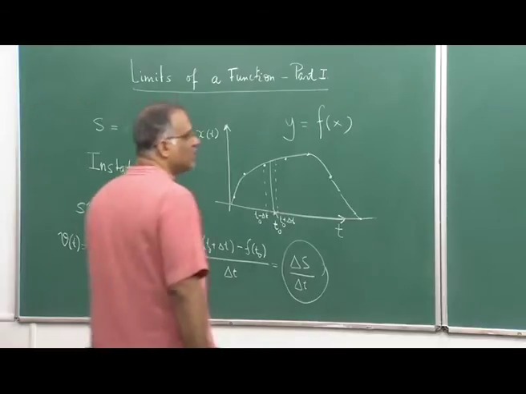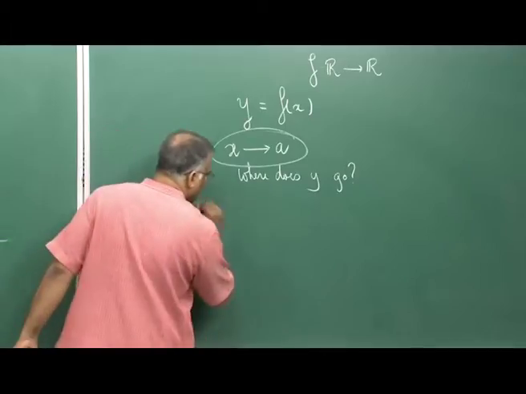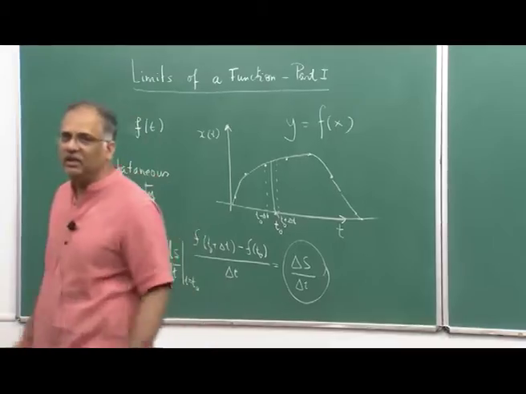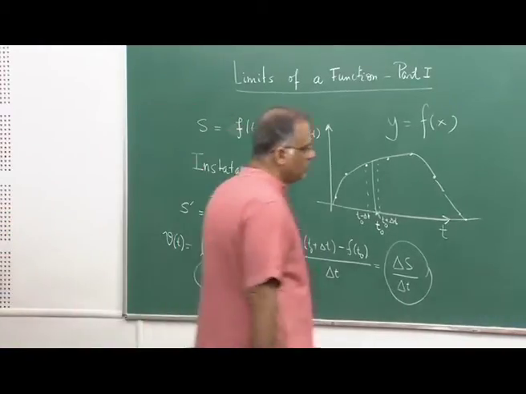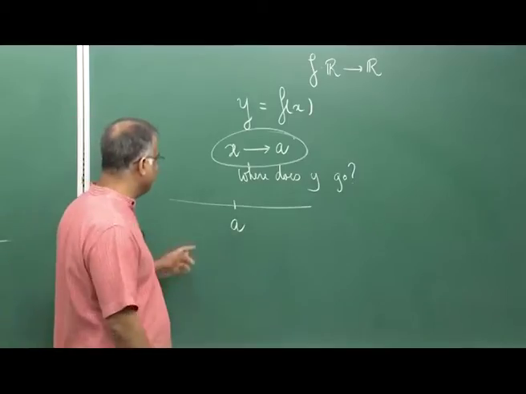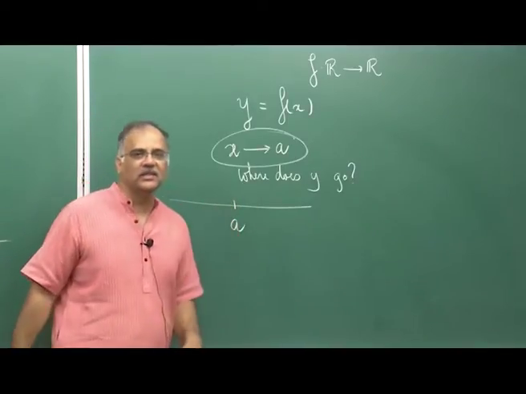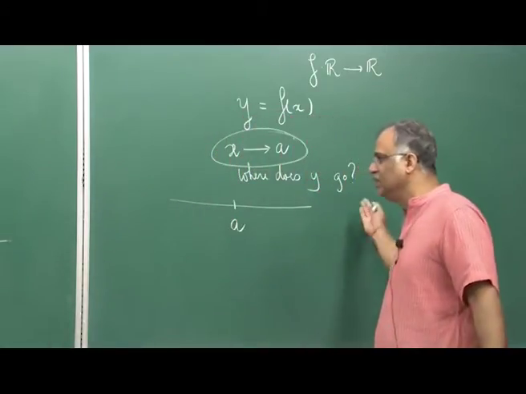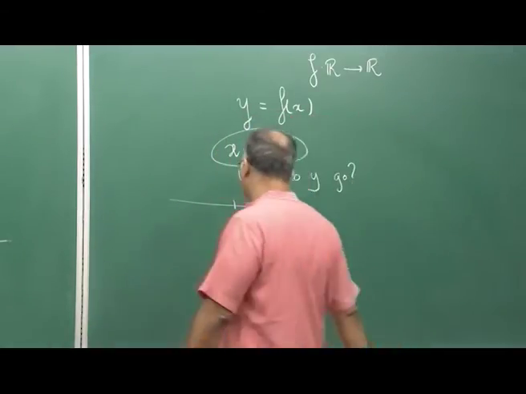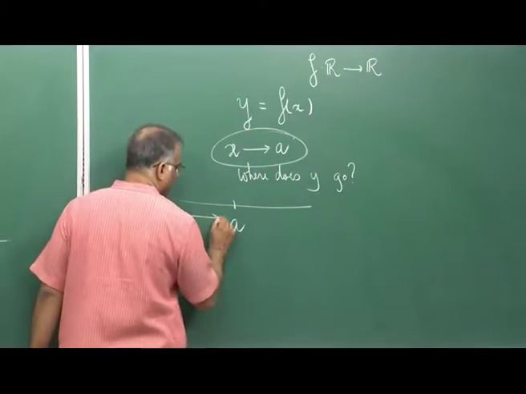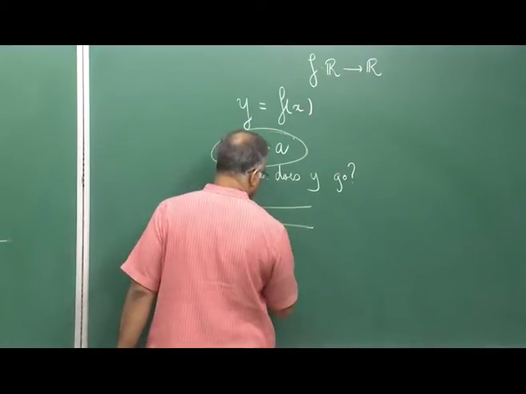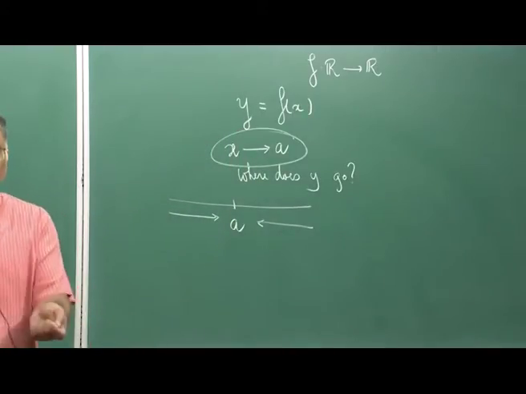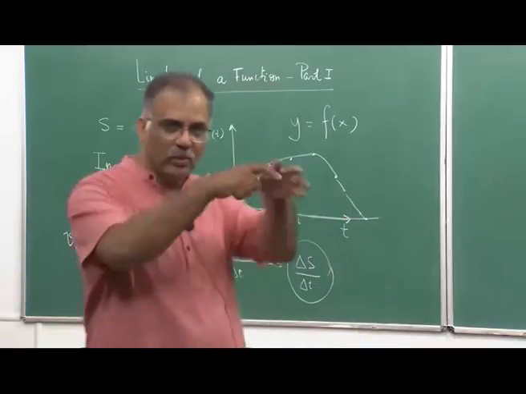So, what does x goes to a mean? Here on the number line is your real number a. Now, x can approach a from either side, either from the right or from the left, but x need not be exactly equal to a, need not jump onto a.